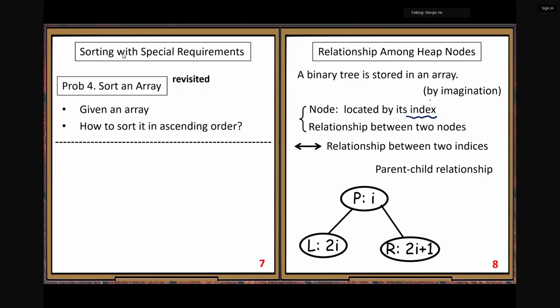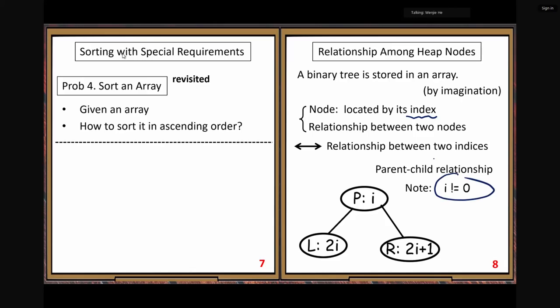But when you use this way, one little thing you need to be careful. That is, you cannot use I equal to 0. That node you cannot use. Because if you use that node, I equal to 0, double it, still 0, right? So when we double the index number, we should get a different number. So for that reason, we need to assume I cannot be 0.